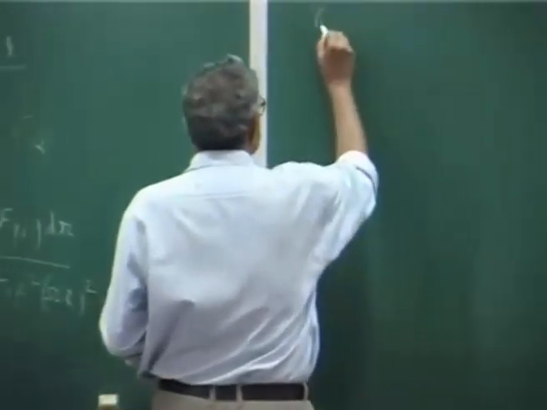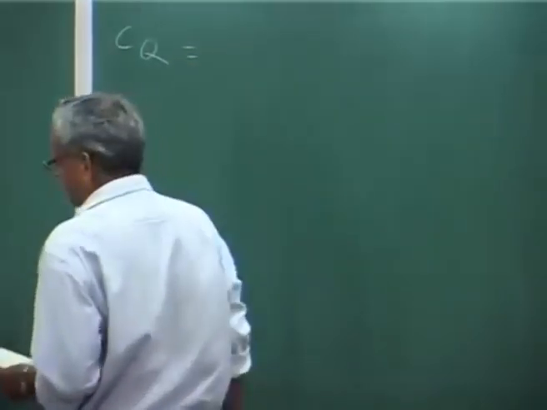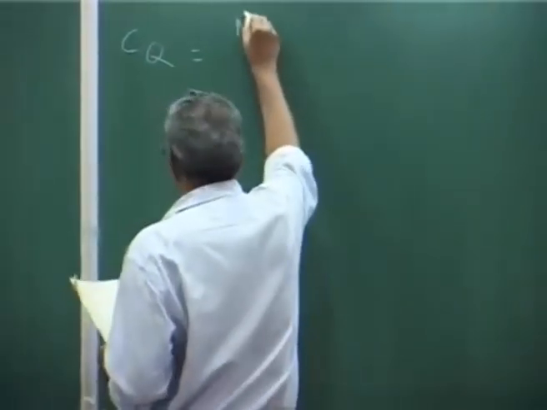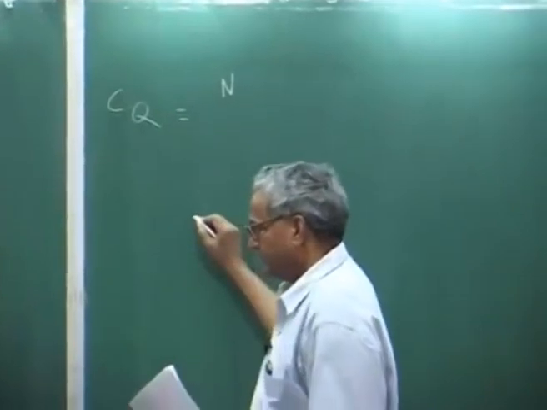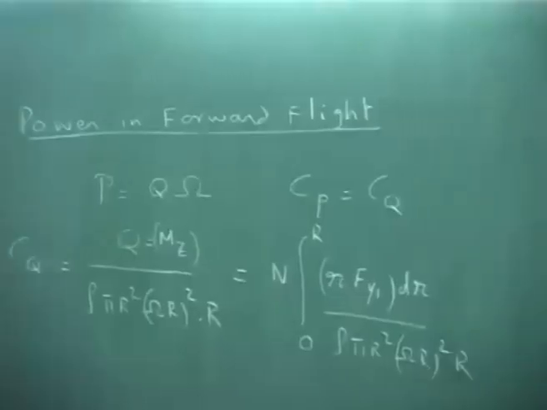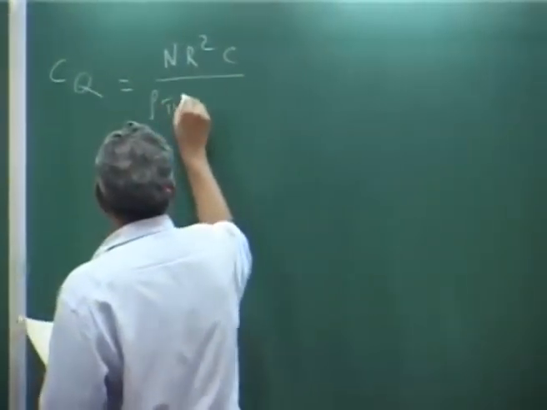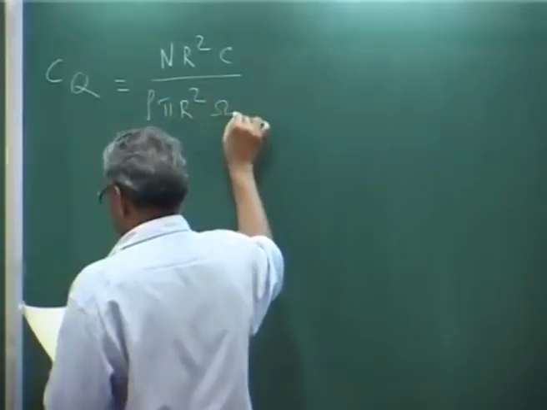So, I will write this Cq is n u r square. I am putting this, I will tell you how I got this.